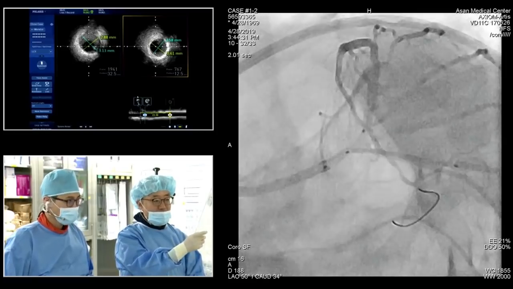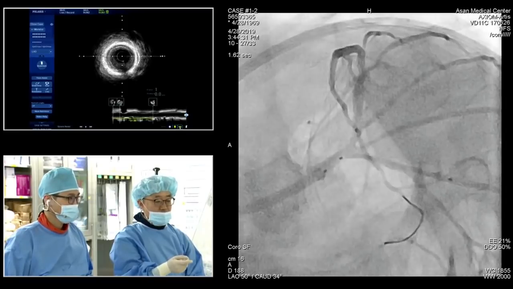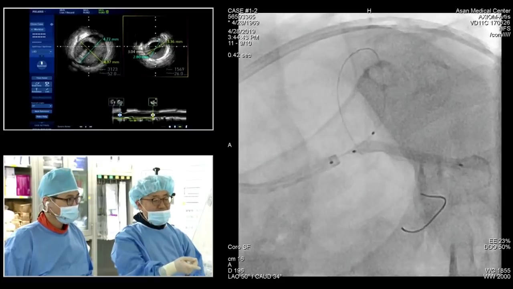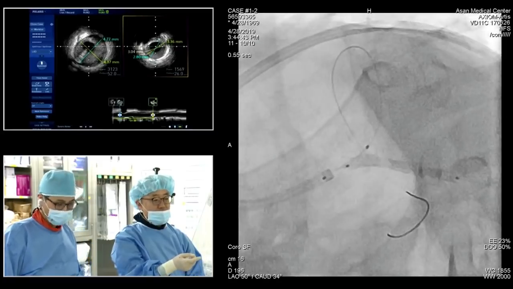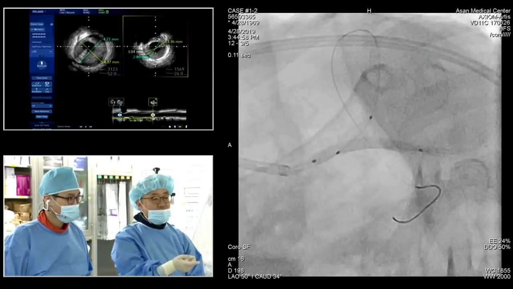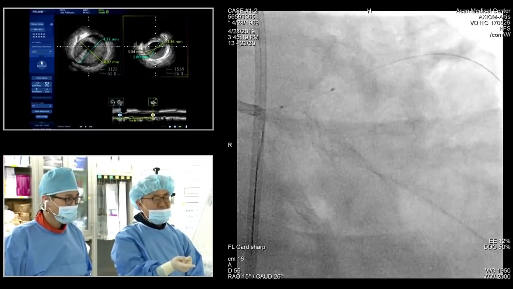The main branch has a 3.5 non-compliant balloon for the balloon crush. Next, we inflated the side branch 3.0 regular stent, and then slightly pulled back the side branch stent balloon, and then removed the whole system of the side branch.